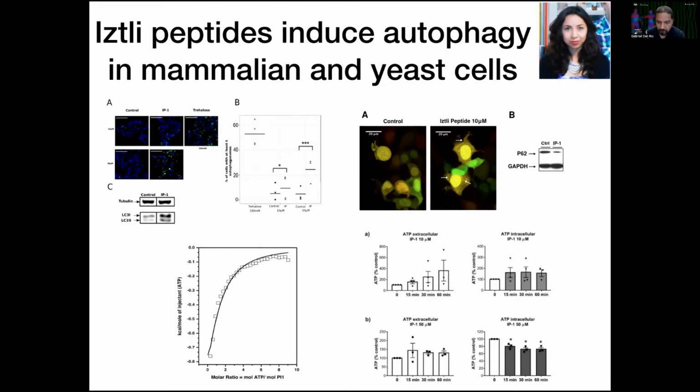So just for you to know, mammalian cells secrete ATP outside of the cell, and the concentration of ATP outside of the cell is very low. It's lower than 400 micromolar. But inside the cell, the ATP concentration is in the millimolar range.